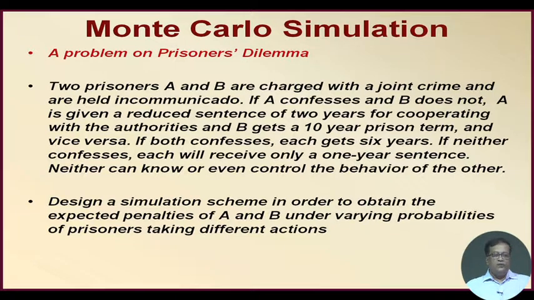If A confesses and B does not, A is given a reduced sentence of 2 years for cooperating with the authorities, and B gets a 10-year prison term, and vice versa. If both confess, each gets 6 years. If neither confesses, each will receive only a 1 year sentence. Neither can know or even control the behavior of the other.